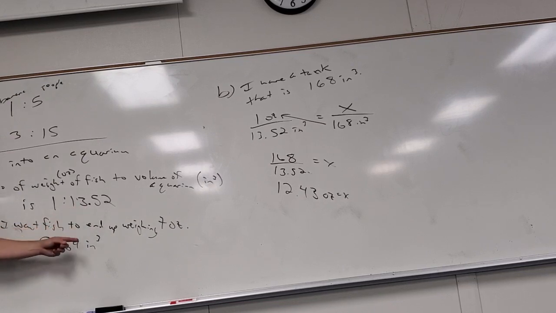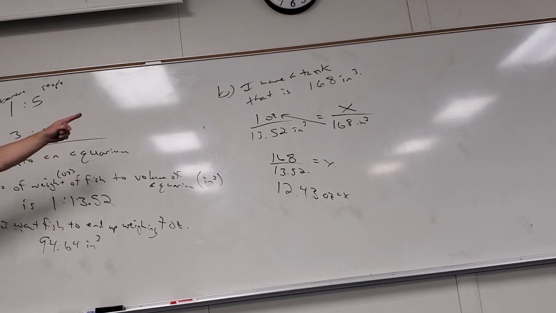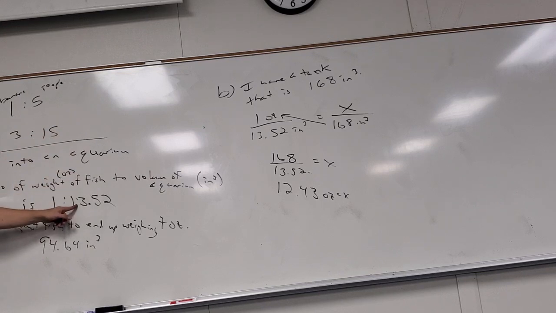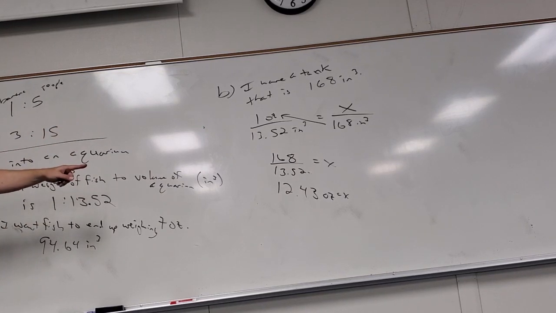So I want it to be 168, so wouldn't I just divide by this? Isn't that exactly what that ended up doing? Which is what I think you said to do in the first place. Maybe. So you can always fall back on setting up a proportion between two ratios, that's fine. But there are shortcuts sometimes.